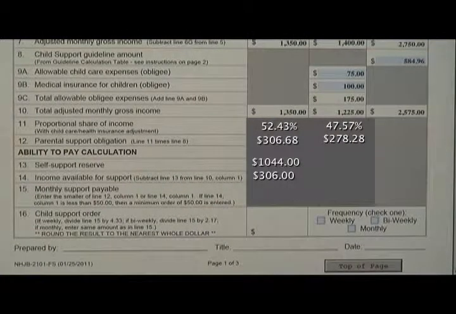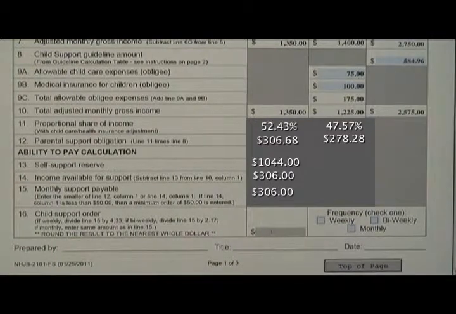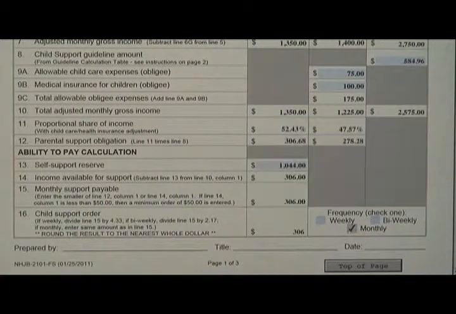John does in fact have the ability to pay $306.68 that he needs to support his children at that 52% proportional share. So John, the obligor's income available for support after subtracting the self-support reserve from his adjusted monthly gross income is $306.